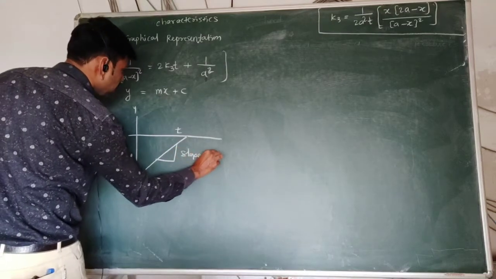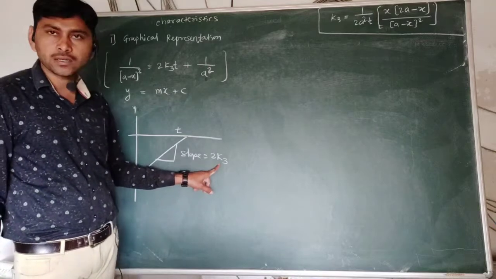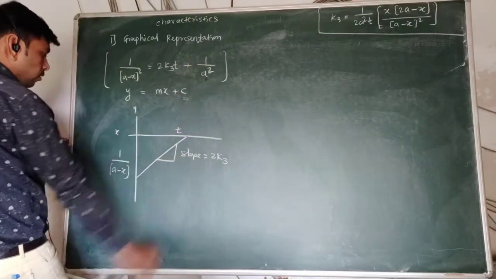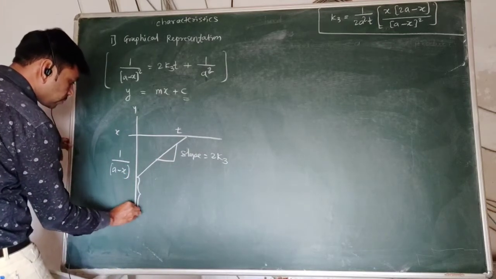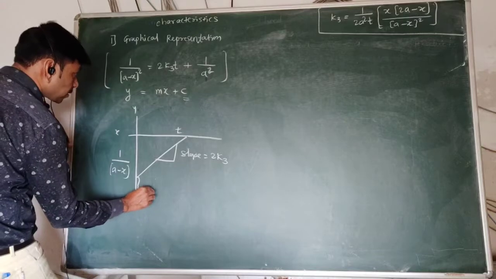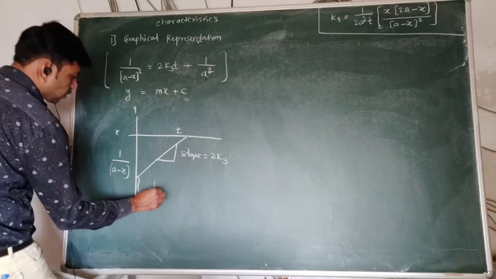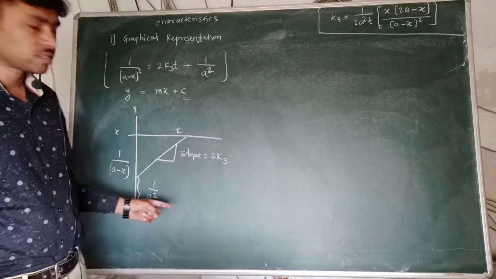From the slope we calculate the value of the rate constant, that is twice k3, and c is the intercept on the y axis. That intercept is 1 upon a square, so the initial concentration can also be calculated from the y intercept.